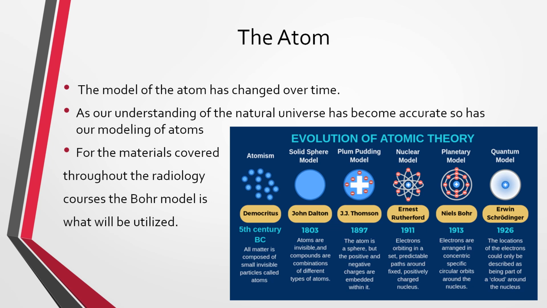Neutrons have no charge, and protons are positively charged, so there is a positive charge in the nucleus, with the electrons around it in shells. The more accurate one now, as mentioned, was the cloud model, but for our purposes, this model doesn't allow us to work with it in a way that we need to. So from now on, the Bohr model is what will be utilized.